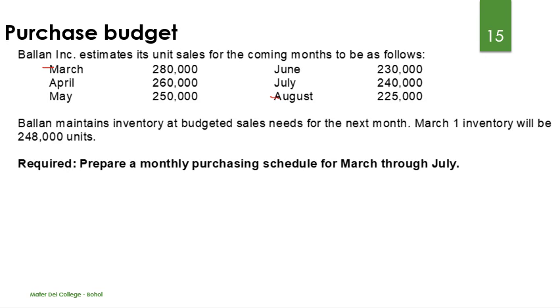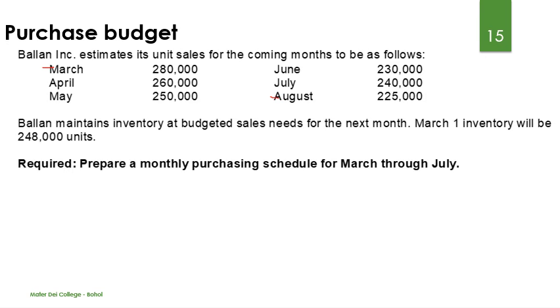Balian maintains inventory at budgeted sales needs for next month. This means that Balian will have an ending inventory equal to the sales for the next month. Given here is our March 1 inventory, which is 248,000 units.